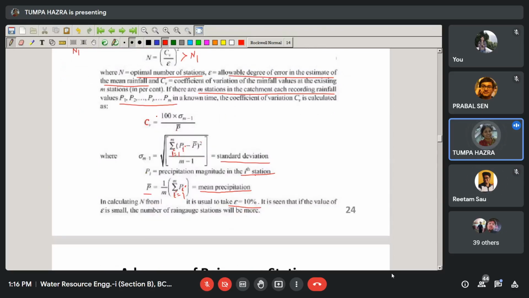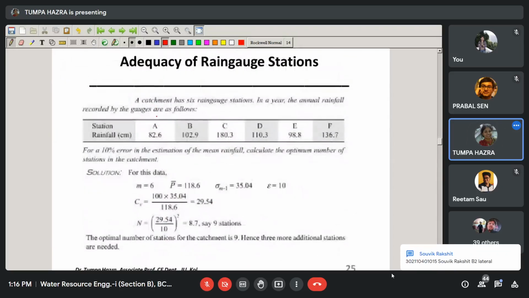Now let me show you one problem. Determine the adequacy of rain gauge stations.